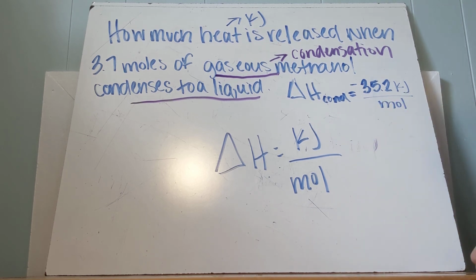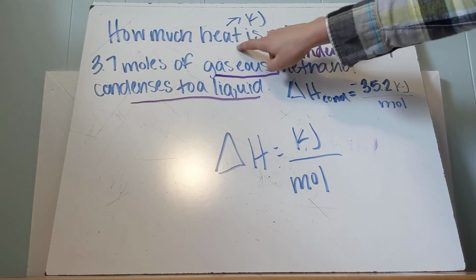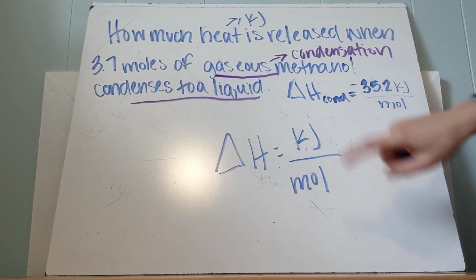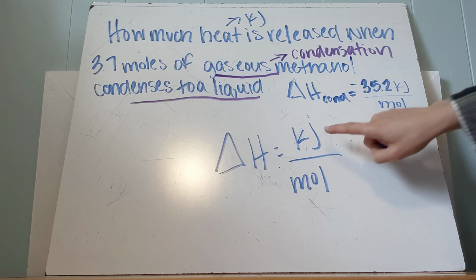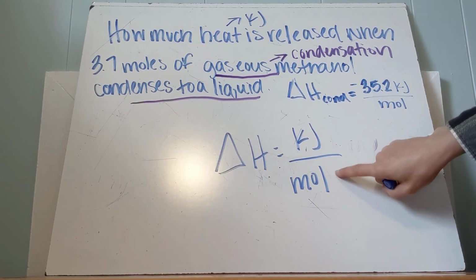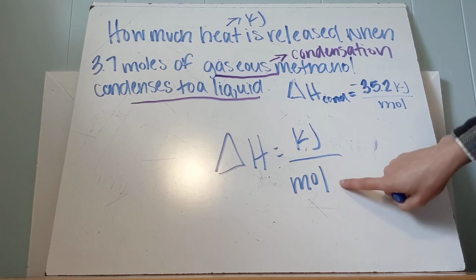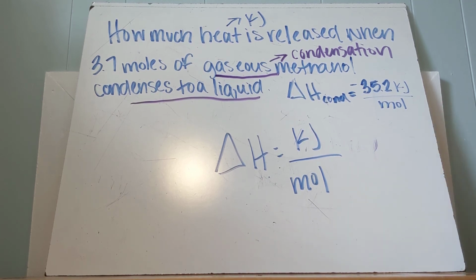You might be looking for kilojoules, as in this case. If it asks for heat or energy, that's your kilojoules. If it looks for moles, obviously we're looking for moles. If it asks for mass, remember that we can convert moles to mass, so you would first find moles and then convert to the mass.